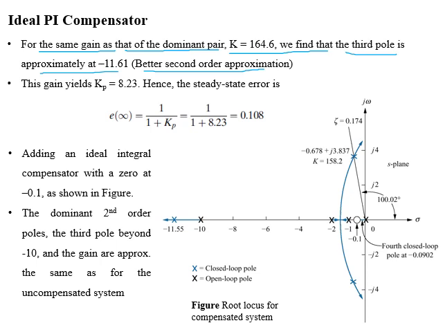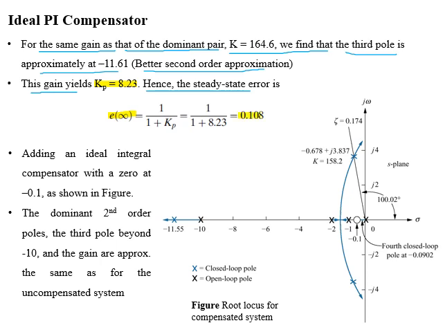Now we will find the steady state error constant. For the gain of 164.6, the static error position constant is equal to 8.23, and the steady state error will be equal to 0.108.